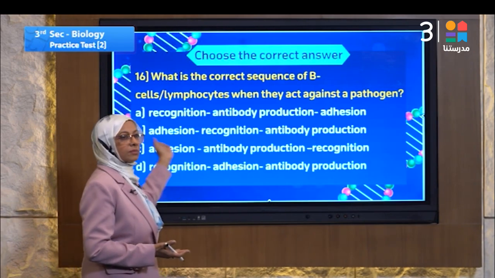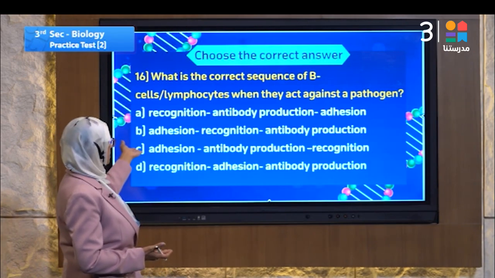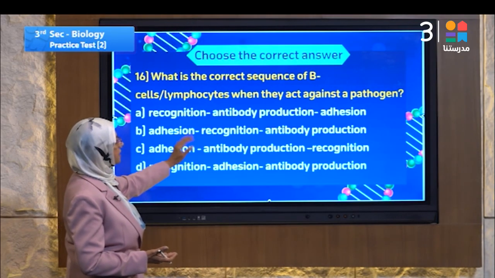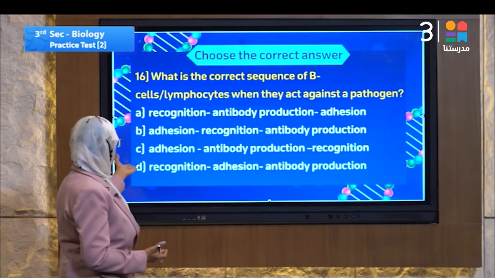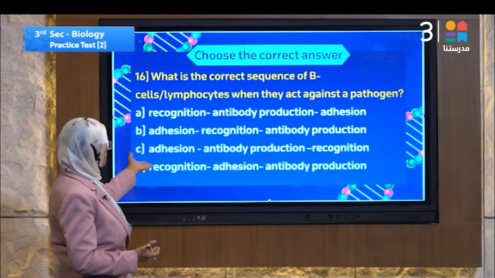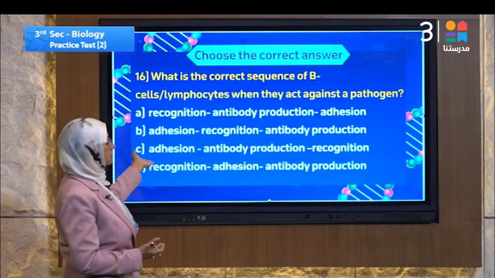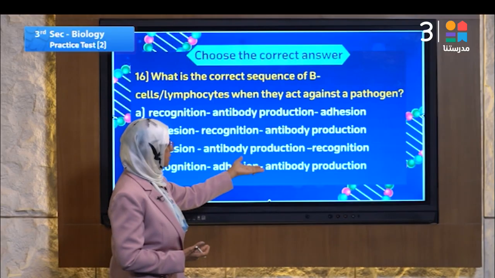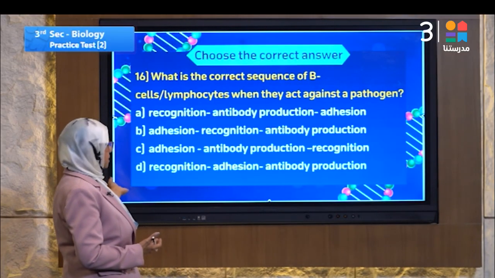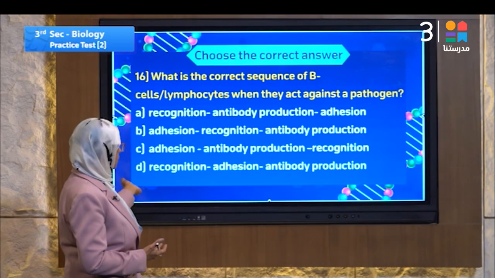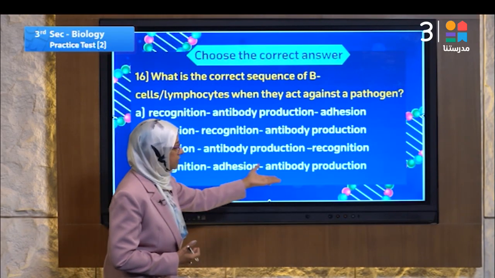No, recognition must come first. Then adhesion. Antibody production will be the last one. C, adhesion. No, recognition is the first. Antibody production. No, recognition is the first. So the answer must be D, recognition, adhesion, antibody production.